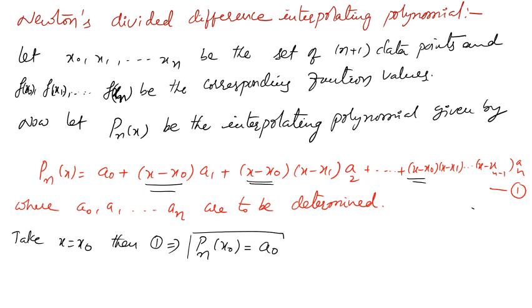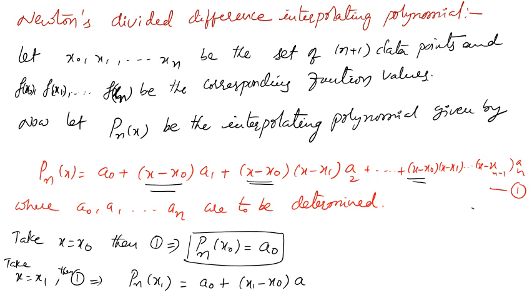So the a0 value is done. Next take x equal to x1, then equation 1 implies Pn of x1 equals a0 plus (x1 minus x0) into a1, and the remaining terms, which contain x minus x1, are zero at x equal to x1. Therefore a0 equals f of x0. This is the main value, a0 equal to f of x0.